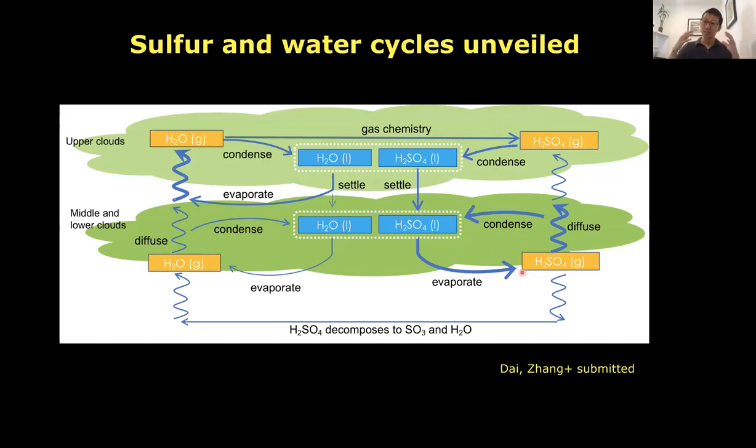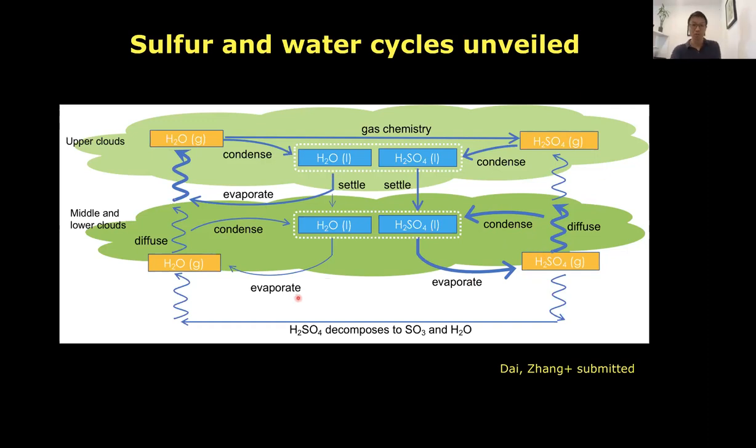So the Venus lower clouds are actually caused not by the photochemistry, but by this evaporation and condensation cycle. This cycle is roughly an order of magnitude stronger than the photochemical sulfur cycle. So the cloud mass is actually dominated by the small cycle instead of the big cycle.